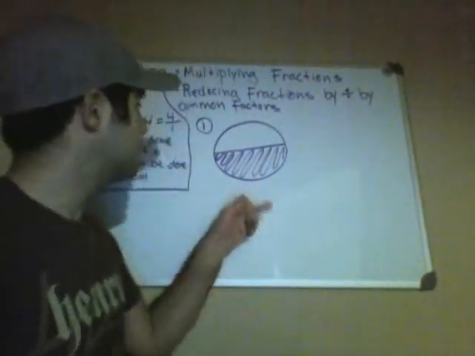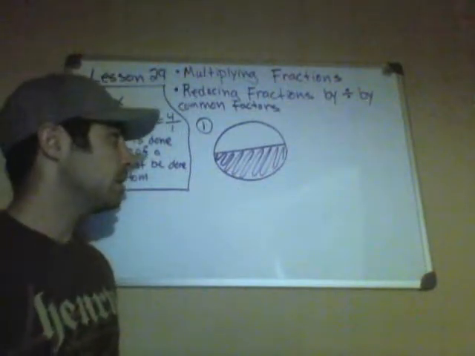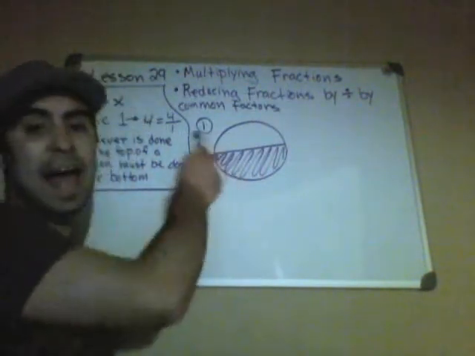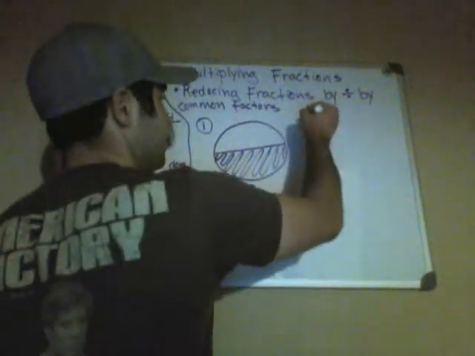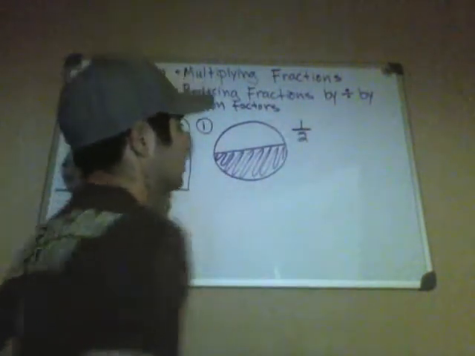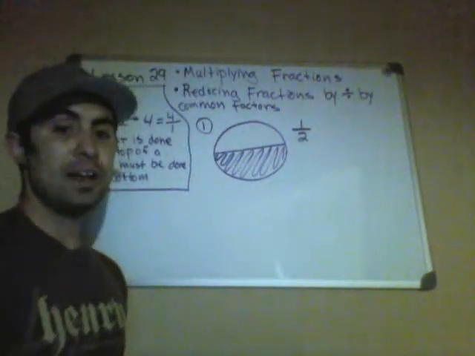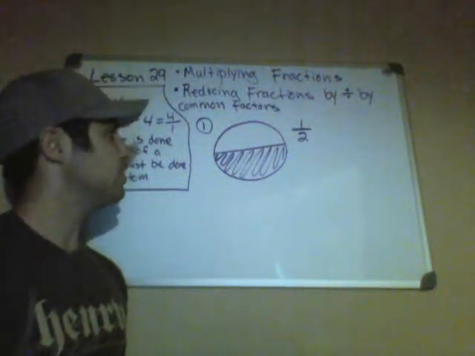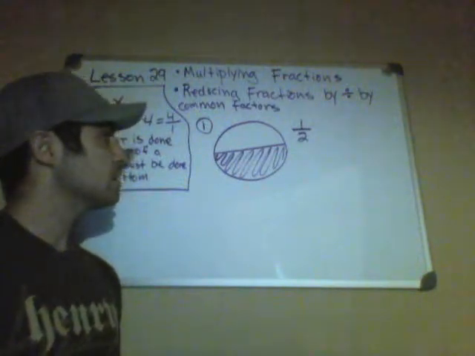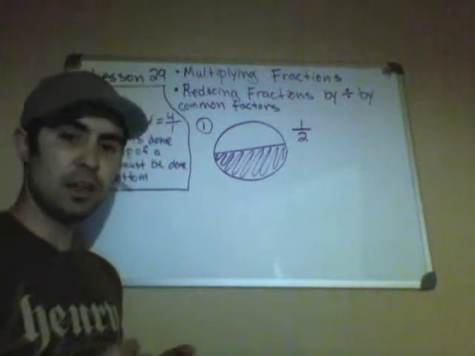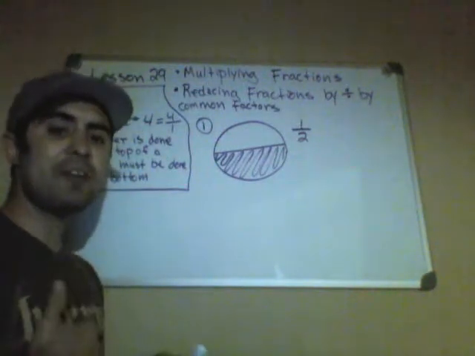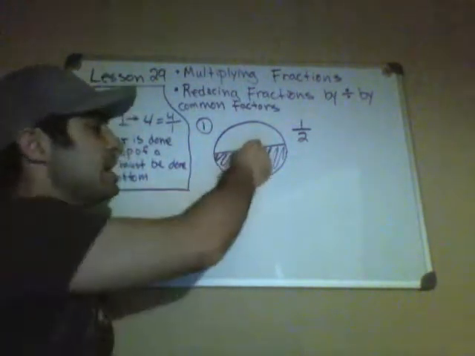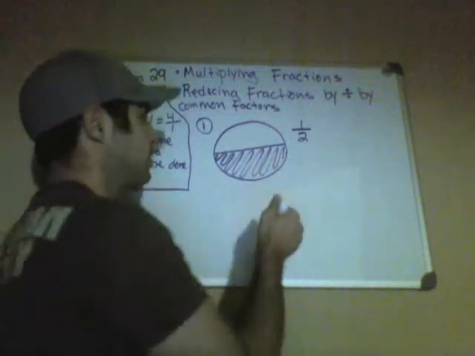Okay, so here's a pizza right here. It's half gone. Alright? So this is half of a pizza, so let's write that down. 1/2. Now if you and your friend are there, and you're both hungry, and you only have half a pizza, so what are you going to tell your friend? Hey, I'll take half of the half. So what would that look like?